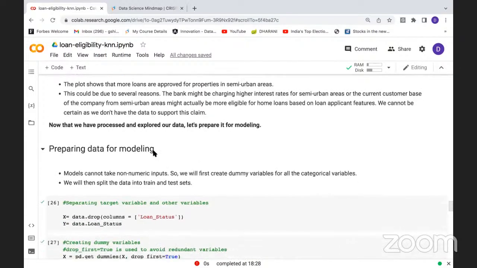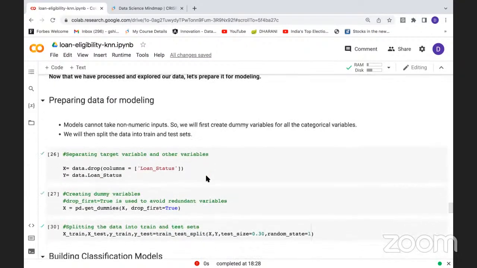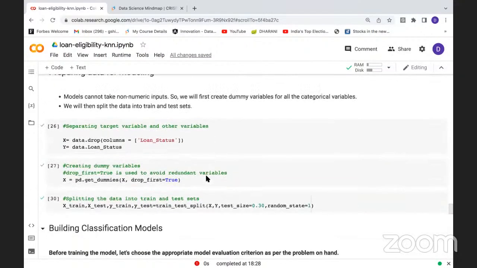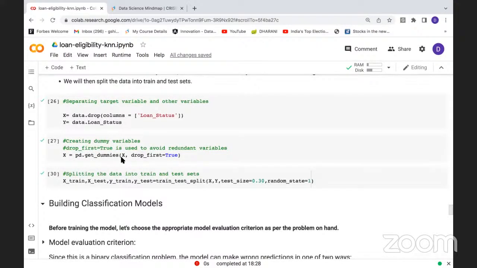Now it is time for model building. The model cannot take non-numeric inputs. First, we have to create dummy variables for all the categorical variables. So first I'll divide my x and y, and I create dummy variables for x. Okay, all the dummies are created.